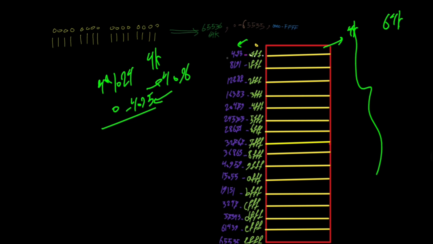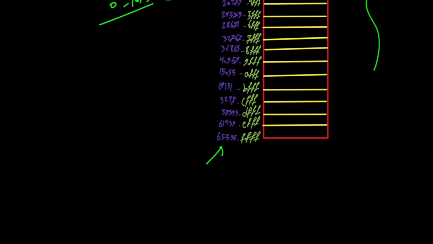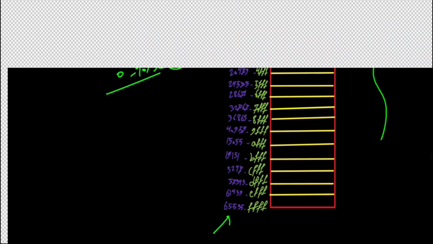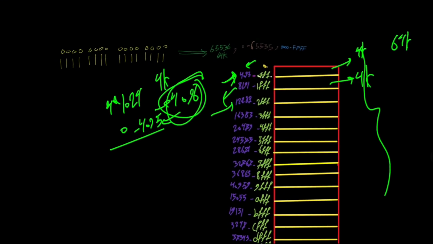Then I just add 4096 to this value to get the next range, which is 8195. This is the second 4K. And again, adding 4096, we would get this value, and this would go on until we get the last value, which is 65,535. But in hexadecimal, the first range is from 0 to 0FFF, the first 4 kilobytes.